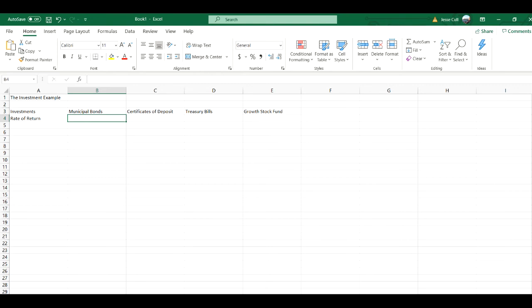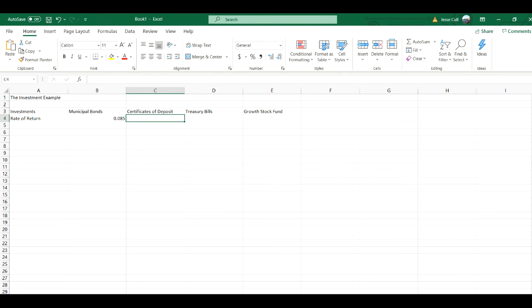The first guideline, and these guidelines were given to us in the book, is that no more than 20% of the total investment should be in municipal bonds. We don't want to be municipal bond heavy. We want to restrict it to 20% of the total investment.